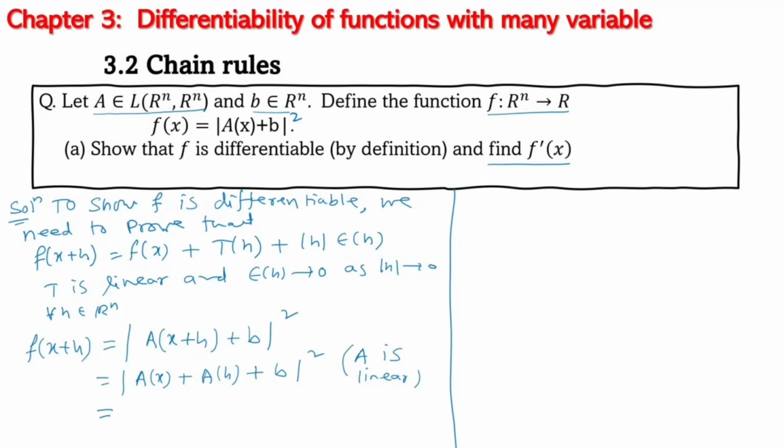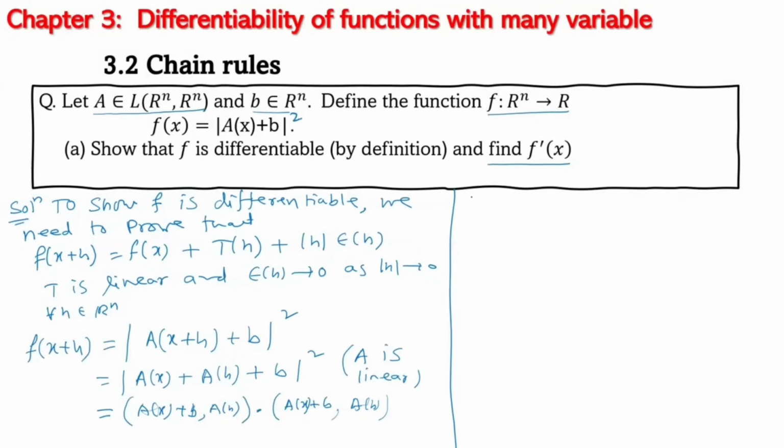We can write this as the dot product of ax plus b plus ah with ax plus b plus ah.